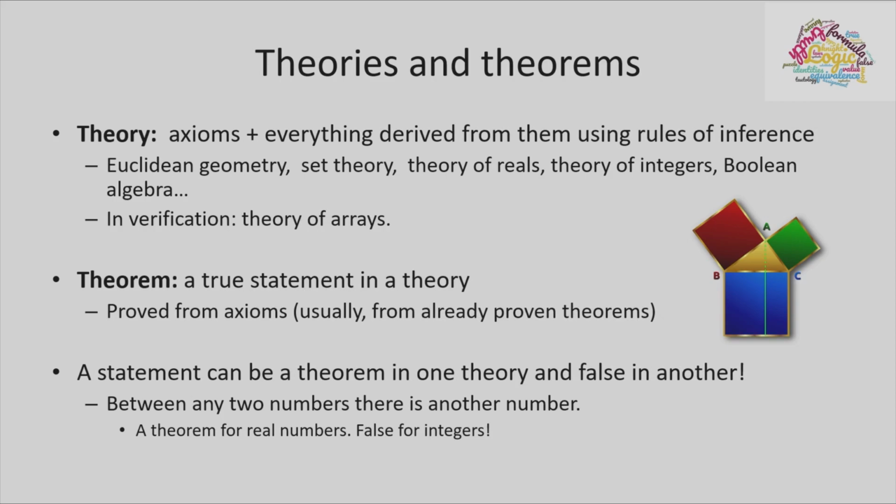Just sum them up and take the average. It's in between the two. But if you're talking about integers, well, try to find me an integer between 1 and 2. It doesn't work that way. So this statement, between any two numbers there is another number, is a theorem in the theory of real numbers, and is actually false in the theory of integers.